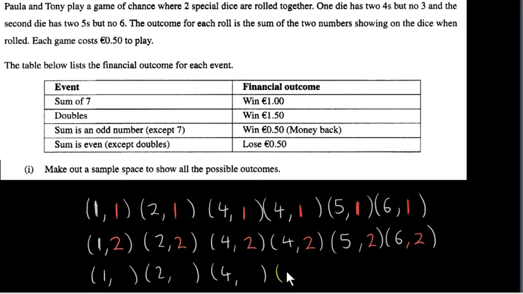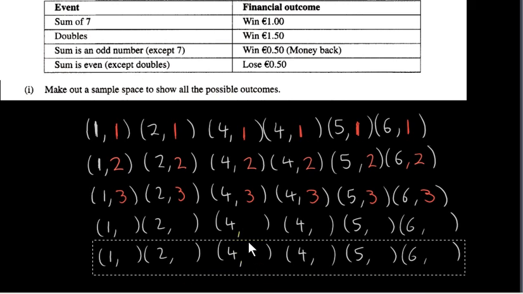So I'll write down just all the throws of the first die, and we can write a 3 in here. Okay, the second die does have a 3. The second die has 2 5s but no 6. So I'll just copy out a few more rows.